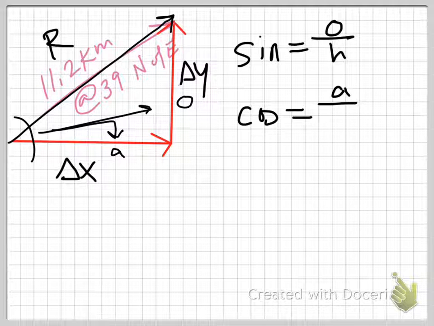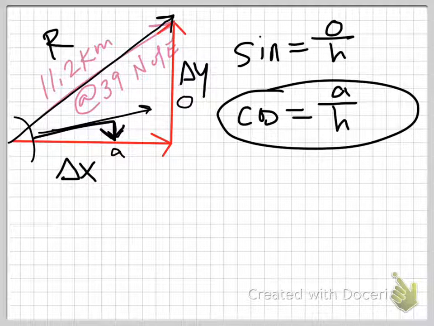So, sine equals opposite over hypotenuse, cosine equals adjacent over hypotenuse. So, my resultant is my hypotenuse. If I want to find, we'll start with the x displacement. That's the component that is adjacent to the angle that I've been given. So I know I'm going to use cosine for that.